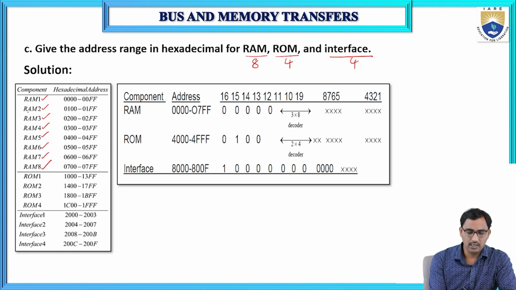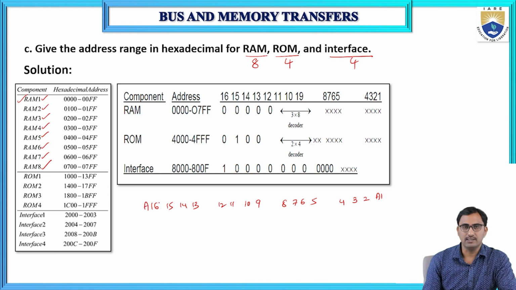Suppose we consider RAM 1. The addresses are A1, A2, A3, A4, A5, 6, 7, 8, 9, 10, 11, 12, 13, 14, 15, 16. These are the address lines.